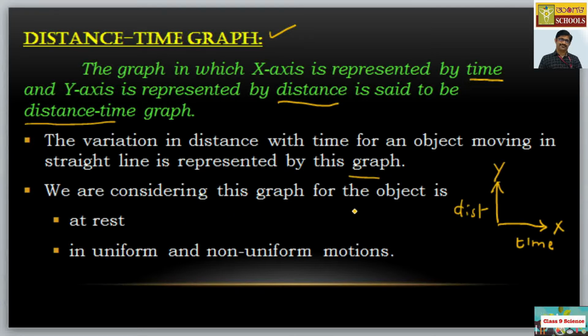We are considering this graph for the object which is at rest. So when the object is at rest, how does this graph look, and when the object is in uniform and non-uniform motion, how does this graph behave. Hope you are getting all these.